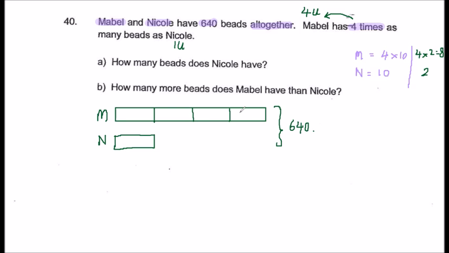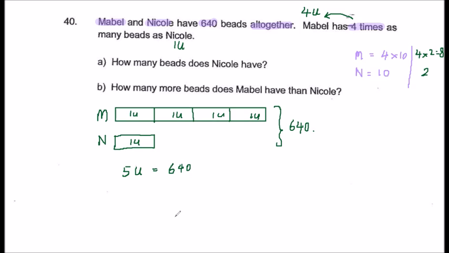Jane, can you see that altogether, how many units are there? 1, 2, 3, 4, 5. 5 units, right? Even if you want, I can write down this 1 unit for you. So altogether we have 5 units, and 5 units gives us 640, right?